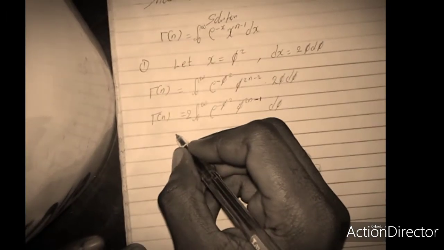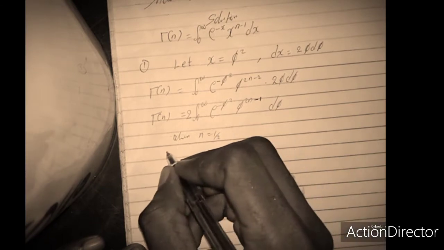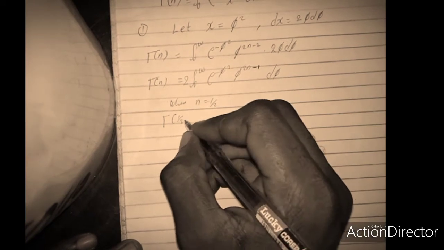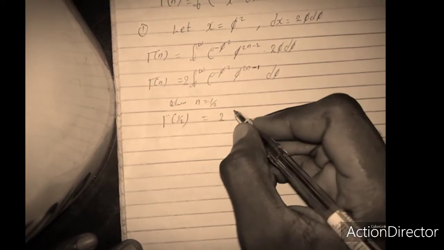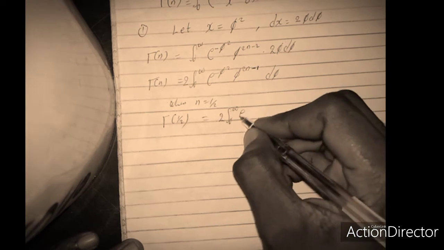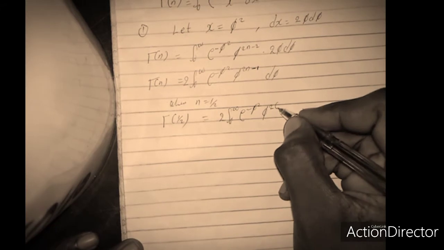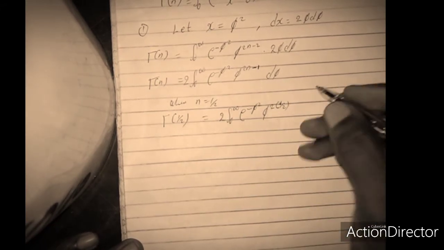So now when n equals half, when n equals 1 over 2, that is gamma 1 over 2, gamma 1 over 2 will be 2 times the integral from 0 to infinity. Anywhere I see n, I'll put half. This is e to the minus phi squared times phi to the power 2 times bracket 1 over 2, because my n now is half, minus 1, then the d phi.